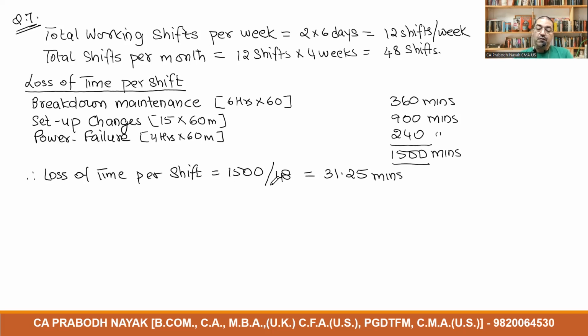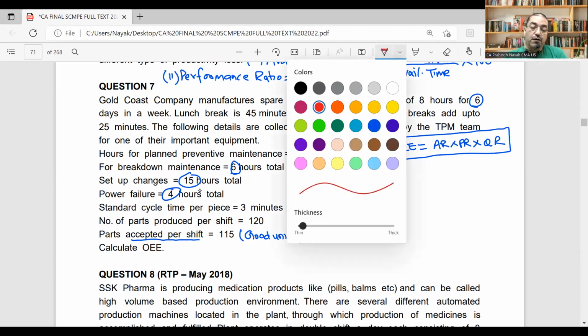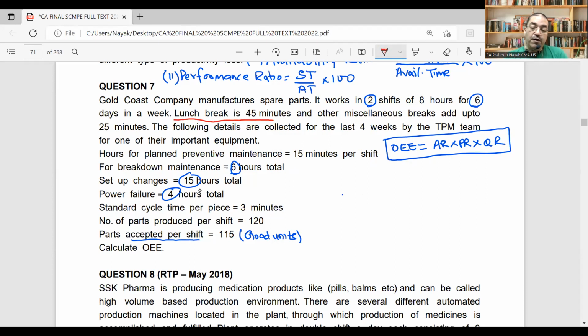What other loss of time are we having? Lunch break is there. Yes. So we have lunch break of 45 minutes, miscellaneous breaks of 25 minutes, and anything else?